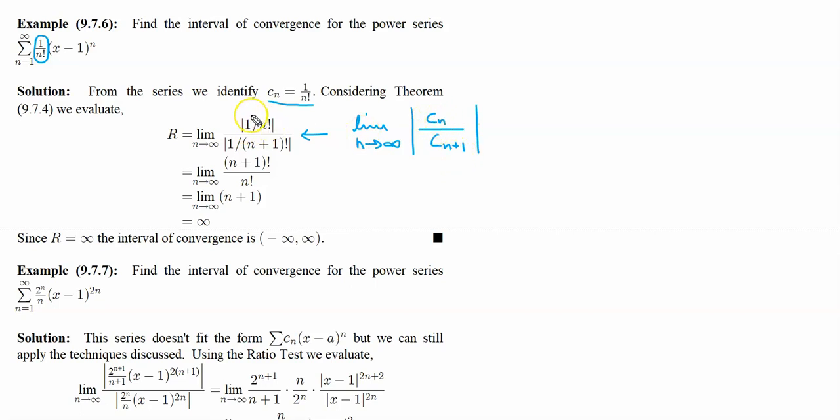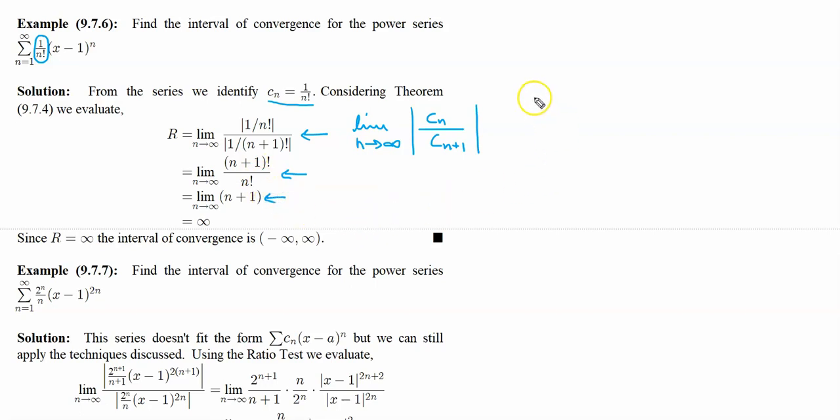Cn is 1 over n factorial. C sub n plus 1 is 1 over n plus 1 factorial. Now flipping the denominator up, you get this. And of course, n plus 1 factorial over n factorial is just n plus 1.